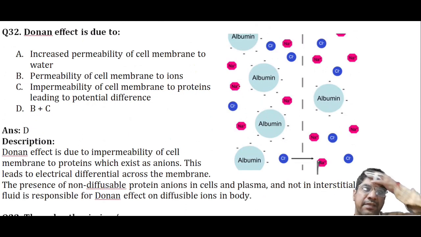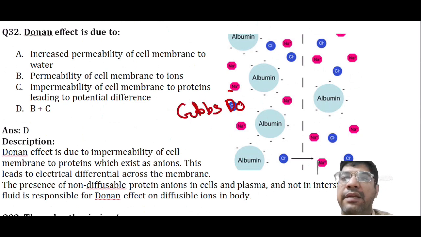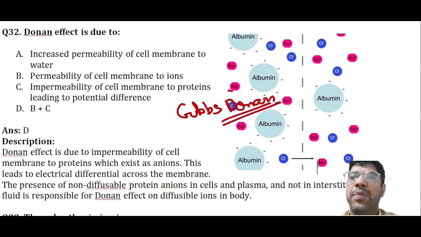Donnan effect is due to, so Donnan effect, also known as Gibbs-Donnan effect, occurs due to the impermeability of the cell membrane to certain substances, particularly proteins and associated charges.